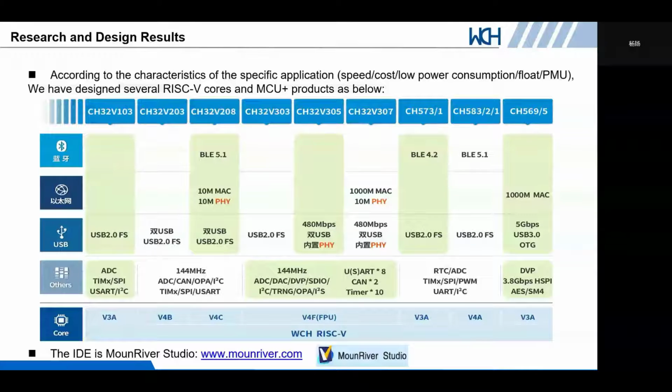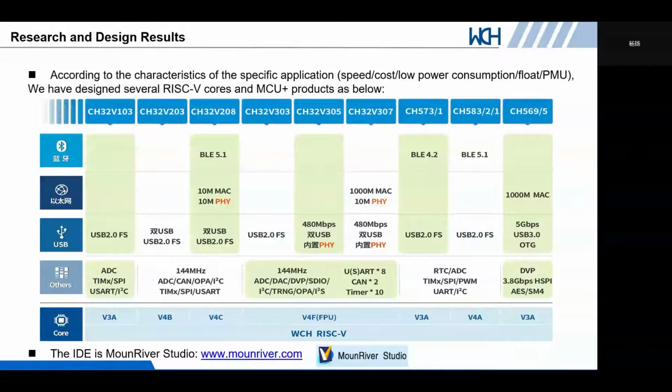In response to different requirements for speed, power consumption, and performance in different embedded applications, we have designed a variety of RISC-V cores and a corresponding series of MCUs with integrated professional interfaces. As shown in the figure, V3A, V4B, V4C, and V4F. V4F supports floating point operations and memory protection.